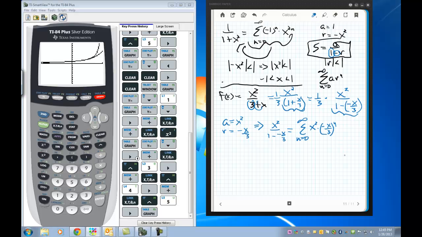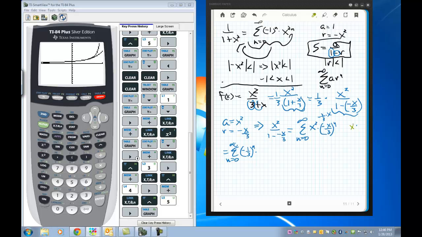Now, let's clean this up just a little bit. Watch how this works. This is going to turn into the sum as n goes from 0 to infinity of, there's a constant there. Do you see that this is negative 1/3 times x? And since it's raised to an exponent, that exponent operates on both of those terms. So I'm going to go negative 1/3 to the n times, now think about this.